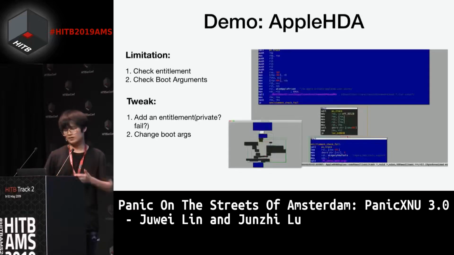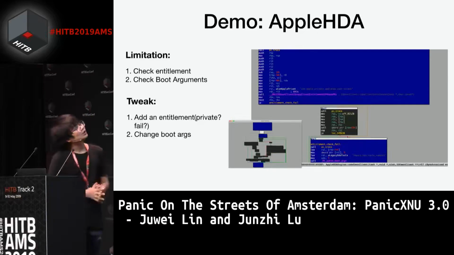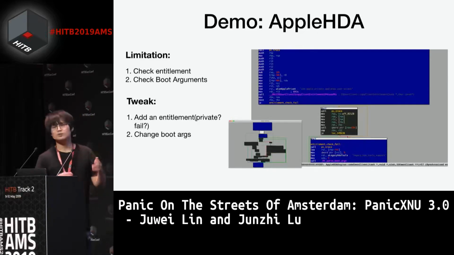Here is a demo. From this flowchart in IDA, you will see most of our code was not in blue, which means that it is not hit at all. So why? It has two limitations. First, it will check our entitlement, and second, it will check our boot arguments.